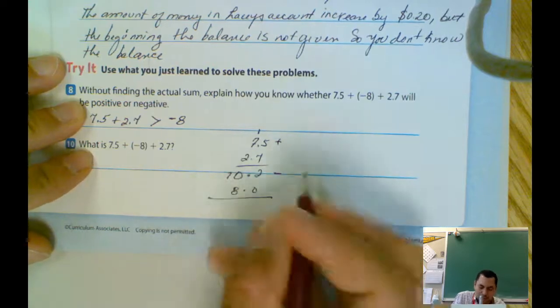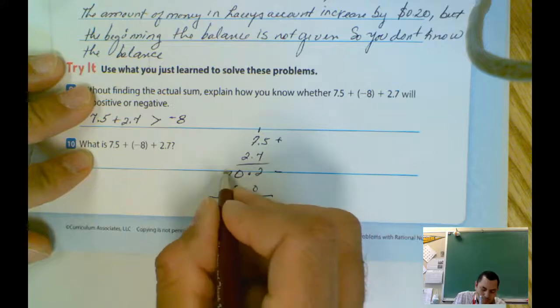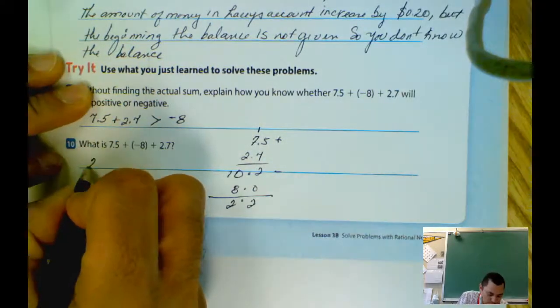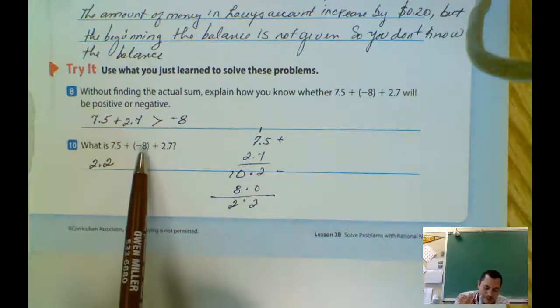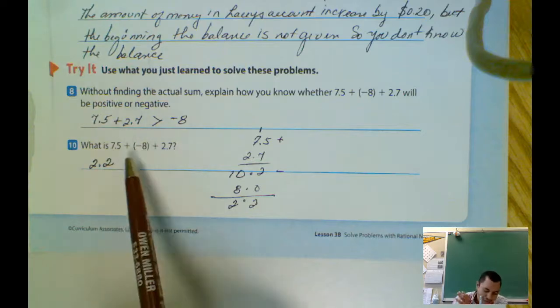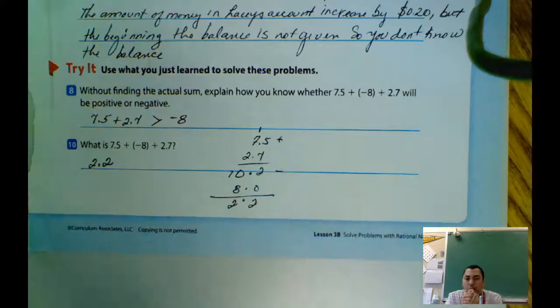So you're going to end with 2. 10 minus 8 equals 2. So this is equal to 2.2. And that's the solution. Okay? Or you can do it this way, 7.5 minus 8, which is going to result in a negative number, and then plus 2.7, and you have to end with 2.2.